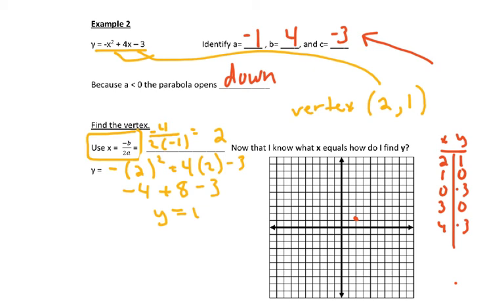That's 1, 0. I got 0, -3. I got 3, 0. And I got 4, -3. So here is a graph of my parabola that I just put on here. Clearly this parabola is opening downward.